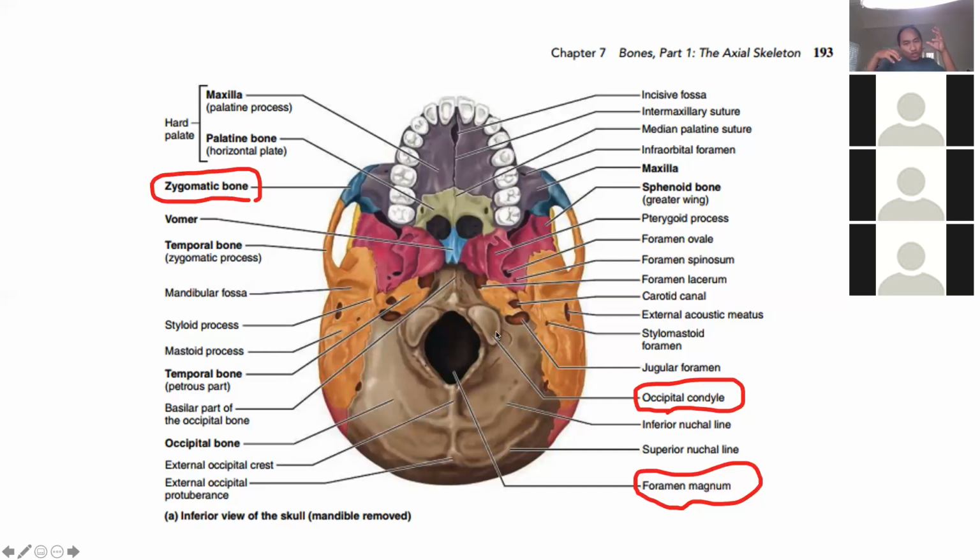Therefore, in a trauma patient with head and neck injury, if we see a fracture around the occipital condyle, we have to ask whether there is any damage to the jugular foramen.